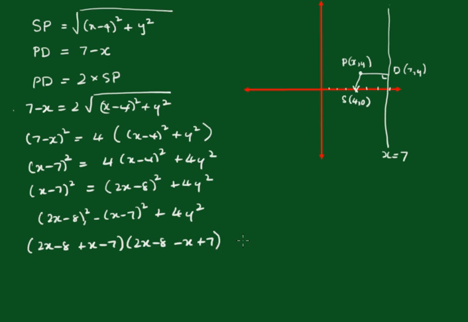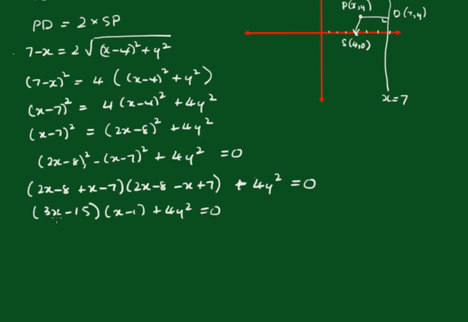Watch the sign again. Plus, that should be equal to 0, plus 4y squared equals 0. This becomes 3x minus 15. Okay, and this becomes x minus 1 plus 4y squared equals 0.